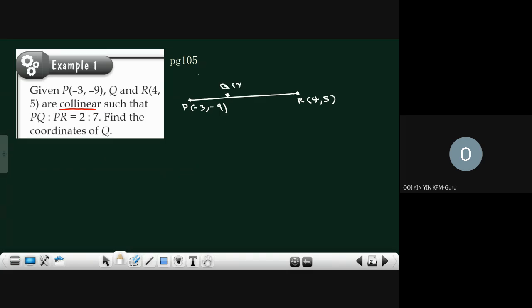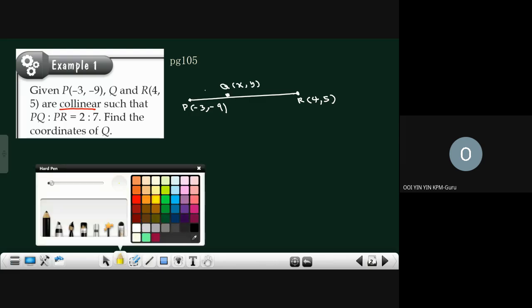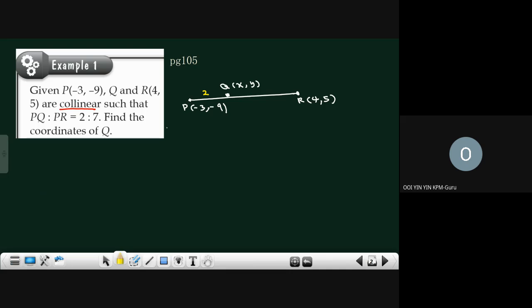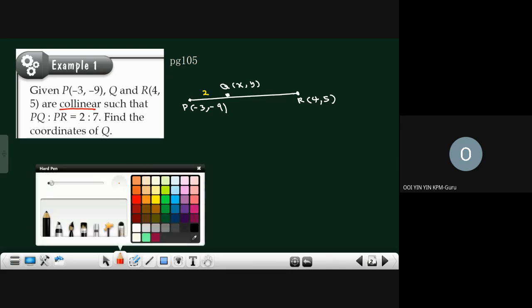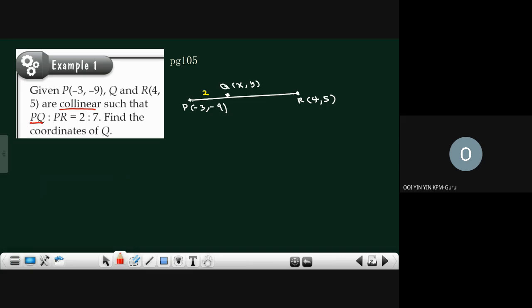And let's say we put the coordinate x, y. P to Q, the ratio here is 2. And then they give you the PR. Please read carefully what they given. Now they given PQ, 2. The other one, 7, is PR.